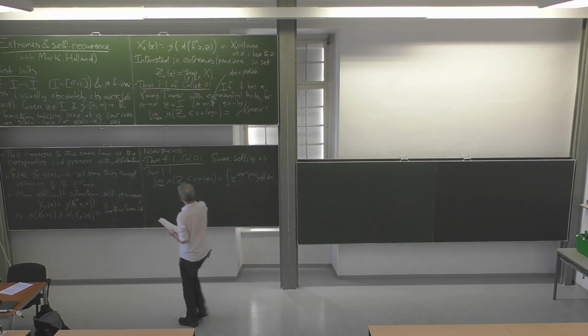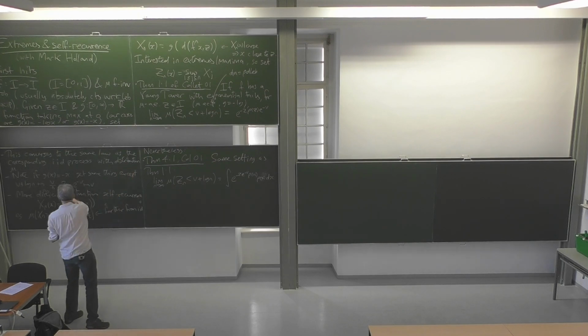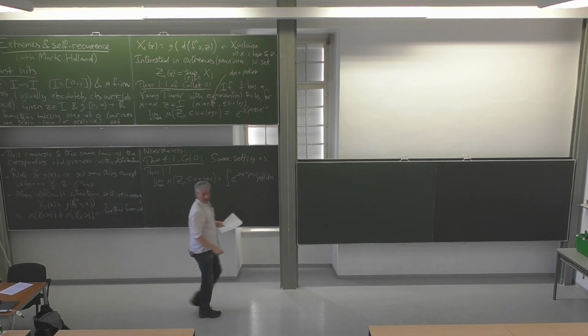So this is the maximum. I should have mentioned that. Here Zn is the supremum of all of those, but now I've changed my x's to these ones. Yes, I should have mentioned that, thank you.